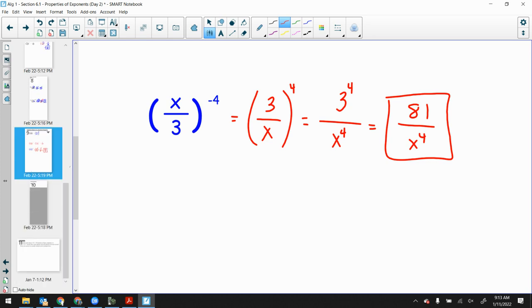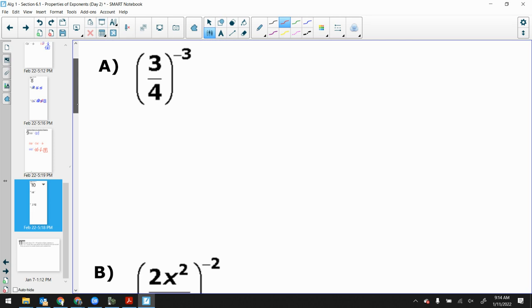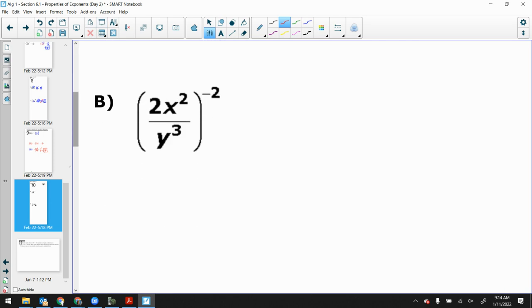All right, one last set of examples. I'd like to jump to example B. Take a look at this one first. There's no little parentheses this time. Now, I'm going to flip the inside of the fraction. The y to the third is going to come to the top. The 2x squared is going to go to the bottom.